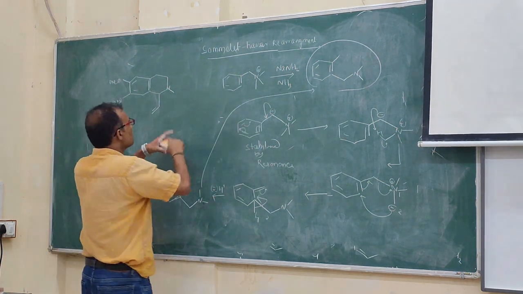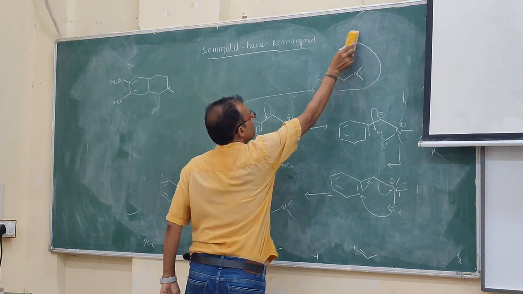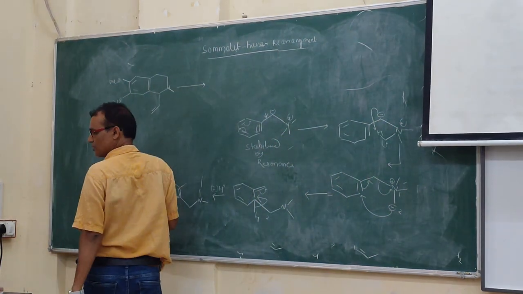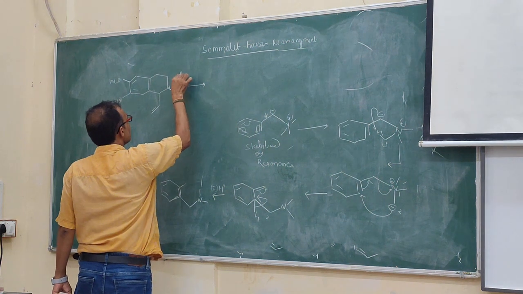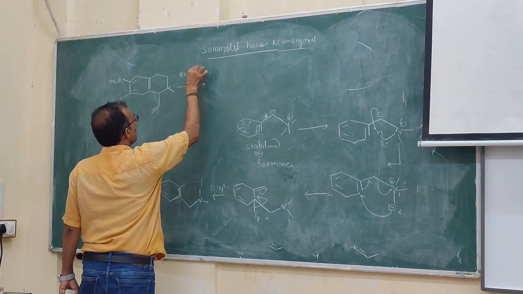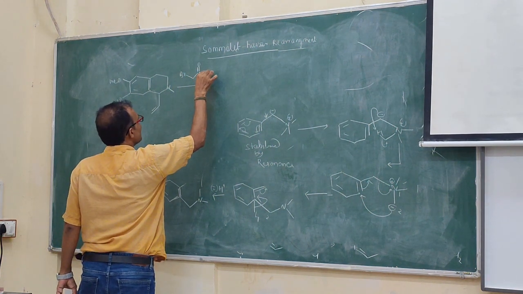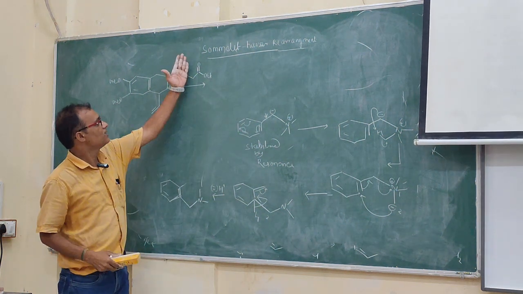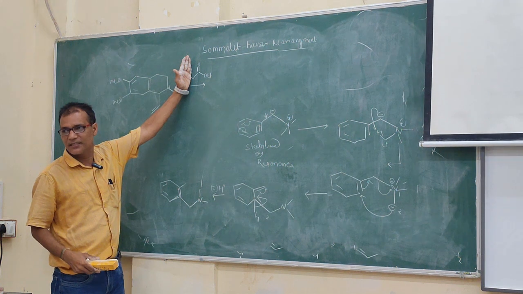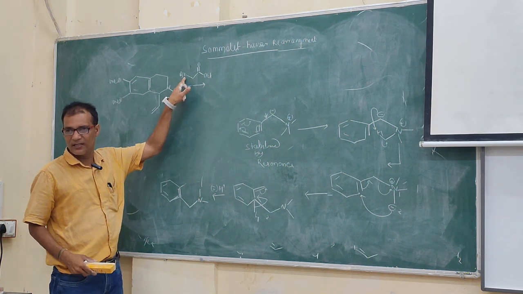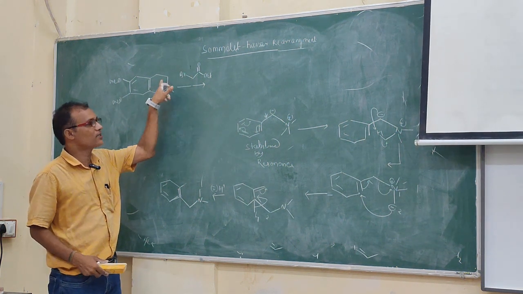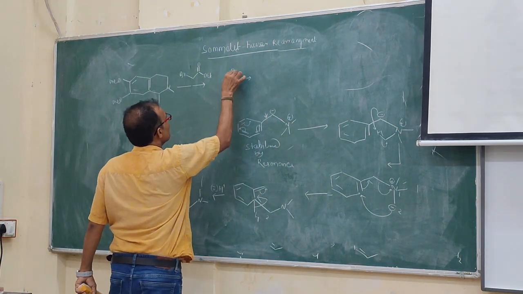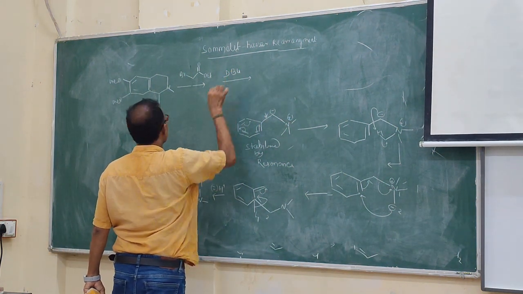There is a stepwise reaction. First we react with alpha bromo ethyl acetate, so the alpha position of the ester has bromine, react with this, then you give DBU. So what will be the product?